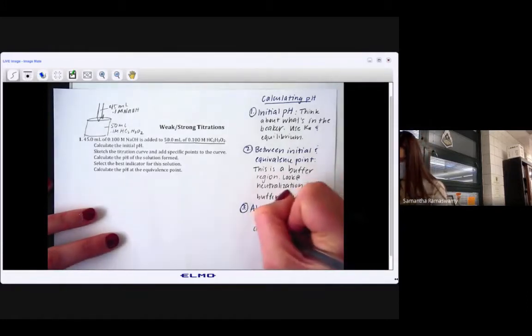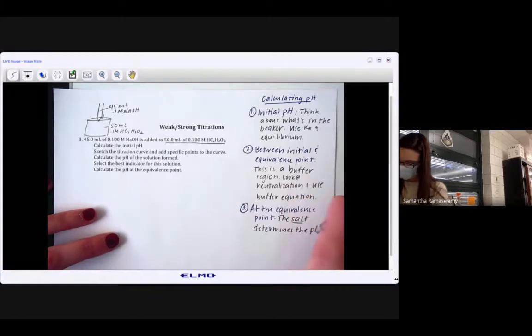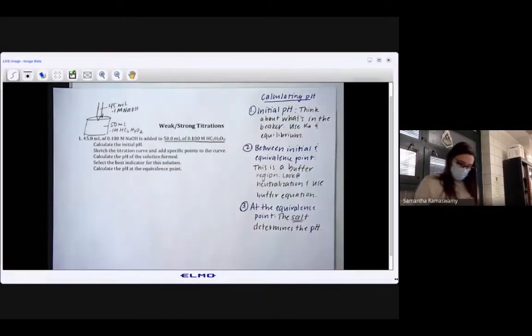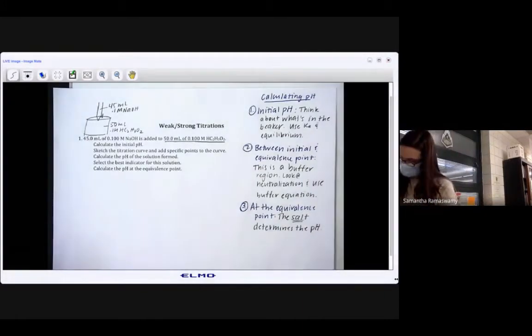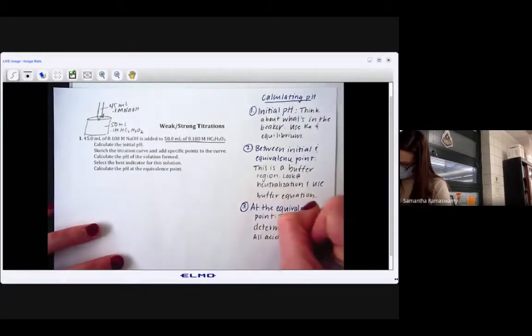The salt determines the pH. So the pH at the equivalence point is based on the conjugate. So I'll say all acid and base has been neutralized.